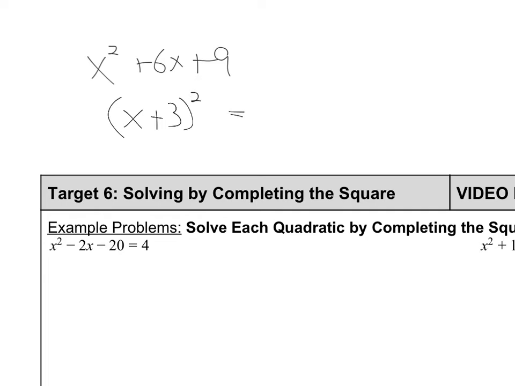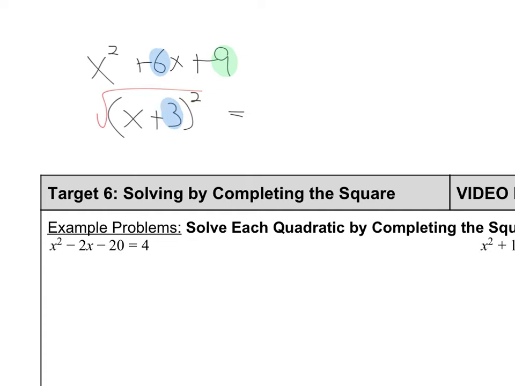If that is set equal to some number, we could then solve that equation by simply taking the square root of each side to get rid of a squared, and then moving whatever number here is in that spot. So this revolves around the notion that we can identify patterns in which the middle term will be twice as big as this number here, and the last term, the c value, will be the squared form of that number there.